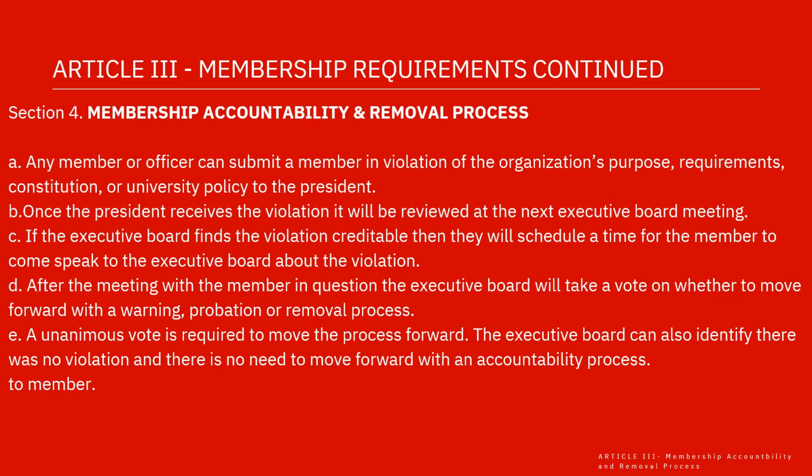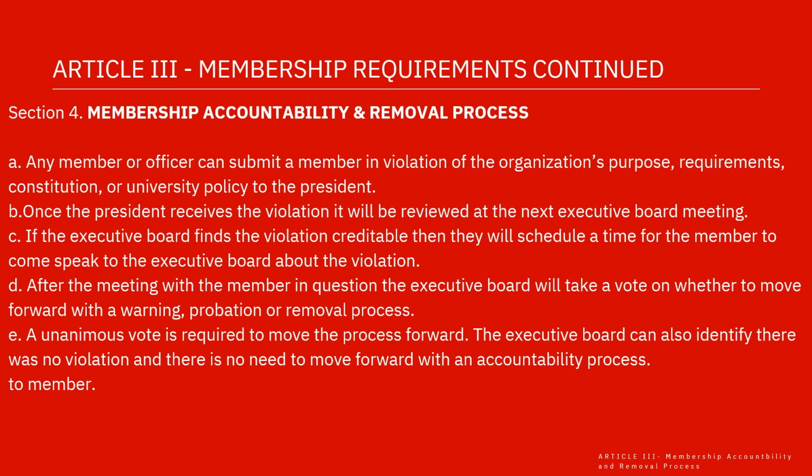As we continue through Article 3, let's now move on to membership accountability as well as removal processes for members. This is an extremely important section of your constitution or bylaws, because if there's ever a conflict within your student organization and you want to address removing a potential member, our office, the Office of Student Involvement, is going to hold you to the processes and procedures that you set forth within your constitution or bylaws.